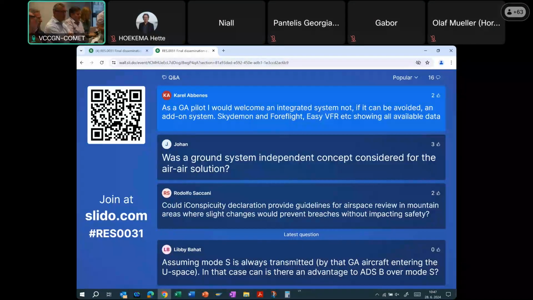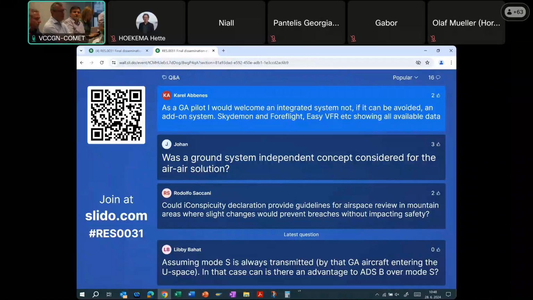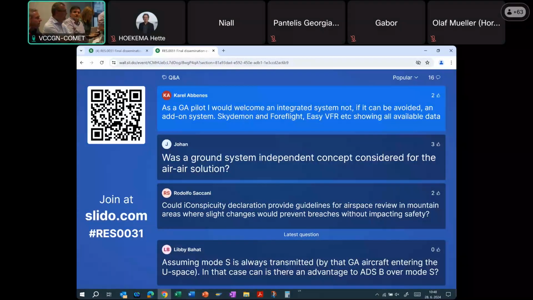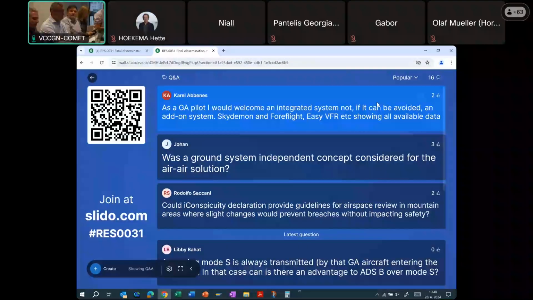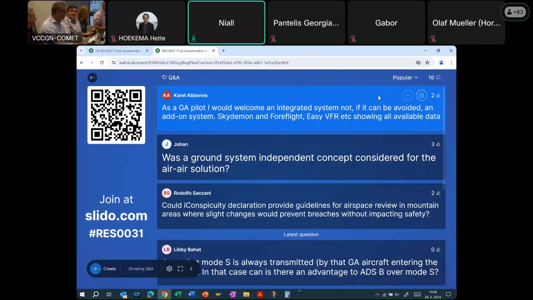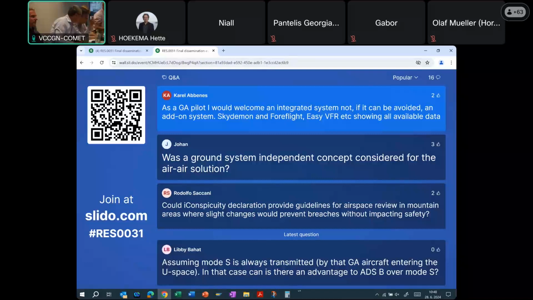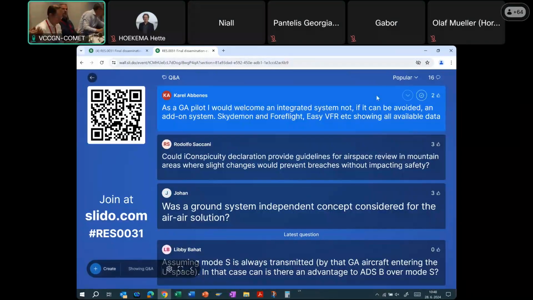So it's not apps or sensors or equipment or pilots, but it's all of us together joining forces and going in the same direction. Hopefully the iConspicuity activity group will be able to achieve the collaborative spirit we need in this initiative. There are already a lot of systems complementing each other, the VFR, Foreflight, SkyDemon, and so on. A lot of receivers which are coupled with Wi-Fi, Bluetooth, and so on, getting the information onto the navigation source.